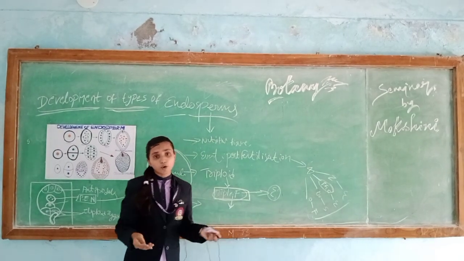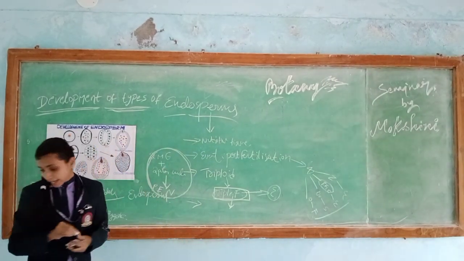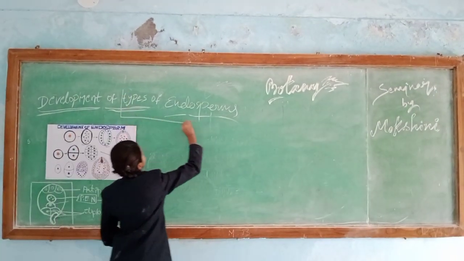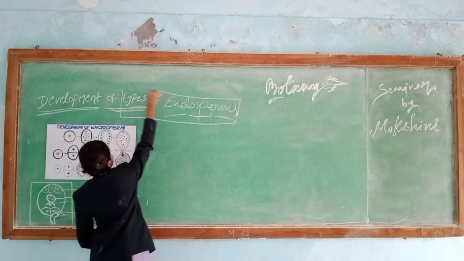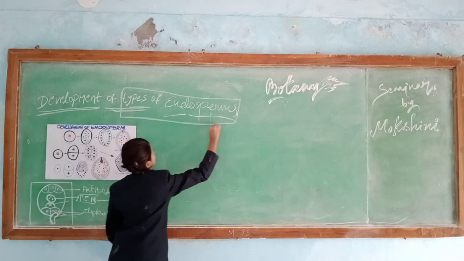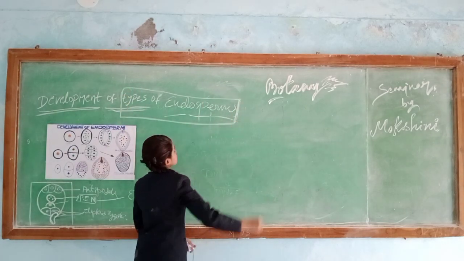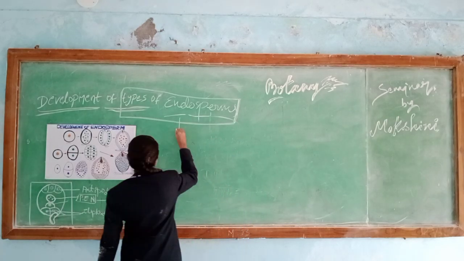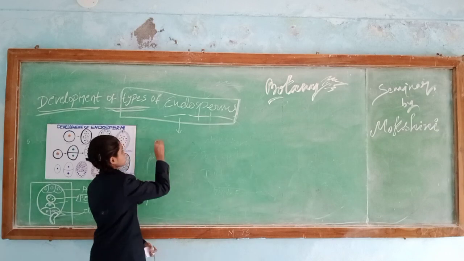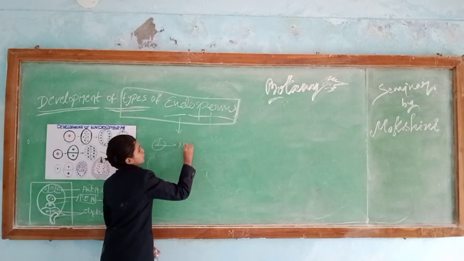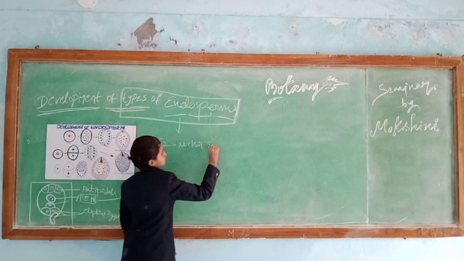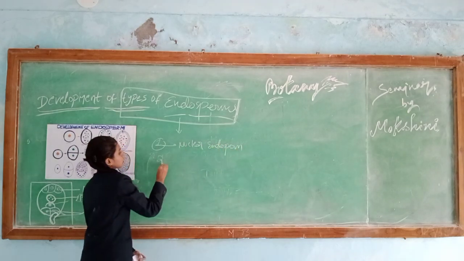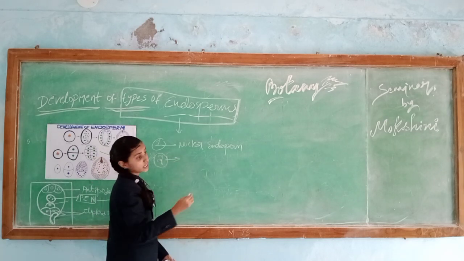Now let's begin our topic, types of endosperm in angiosperms. In angiosperms, mainly 3 types of endosperms are seen. One is nuclear endosperm. Next to nuclear endosperm, there is the cellular type.